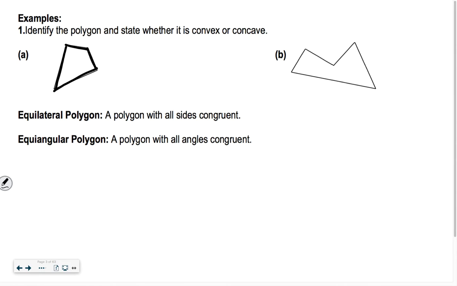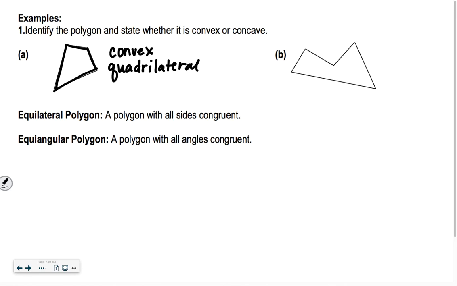So it's convex or concave? Convex quadrilateral. And then as you'll see in this chapter, quadrilaterals will break into many things. So we'll start to be able to say, oh, it's a parallelogram, it's a trapezoid, it's a kite, and so on. This one's just a quadrilateral. It doesn't break into anything separate.